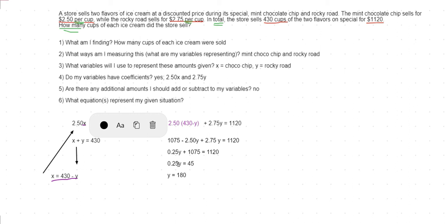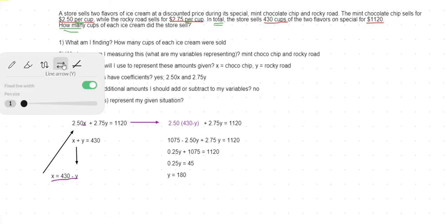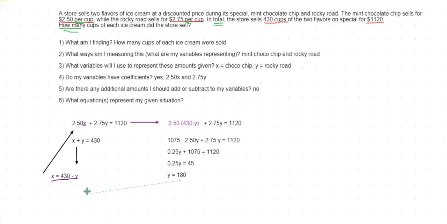Okay? So now that I got 180 for y, I can then take that and plug it in here to get 430 minus 180, which would be 250.